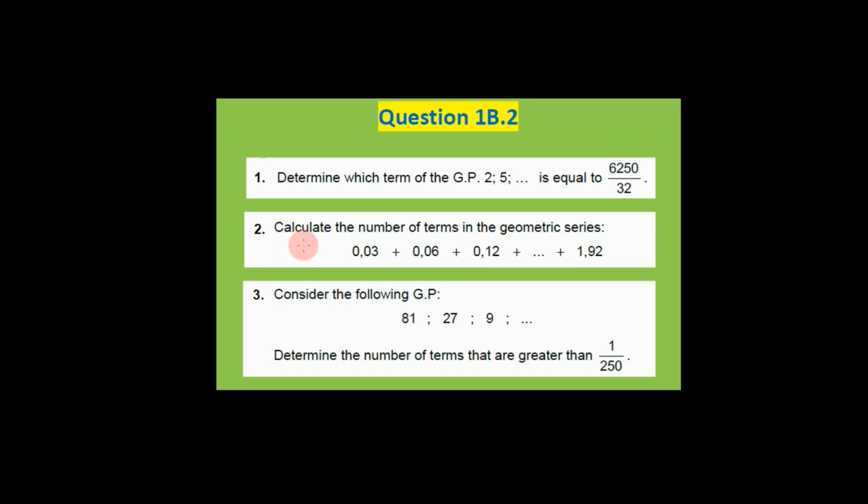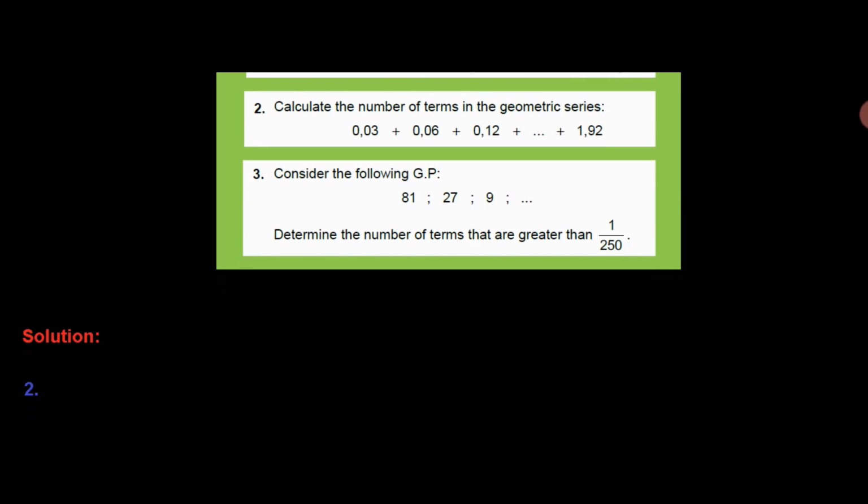In the second question here it says, calculate the number of terms in the geometric series, and we are given the series. So once again we can start by writing down what we have and what we need to find. The first term A is 0,03.